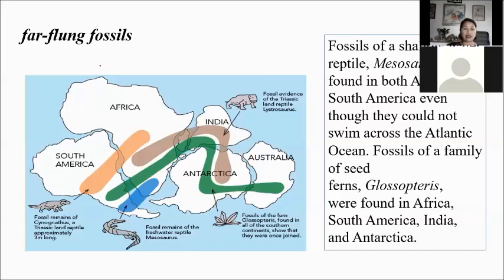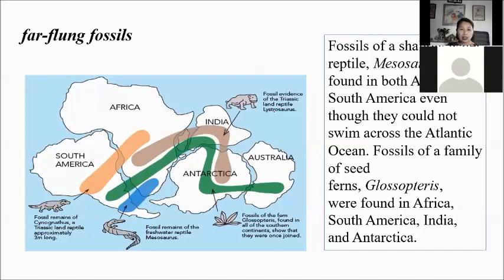Far-flung fossil. Okay, another we have fossil remains of Cynognathus, a Triassic land reptile, approximately 3 m long, no? Itong orange, brown, no? So, makikita sa part ng South America and Africa. Cynognathus.